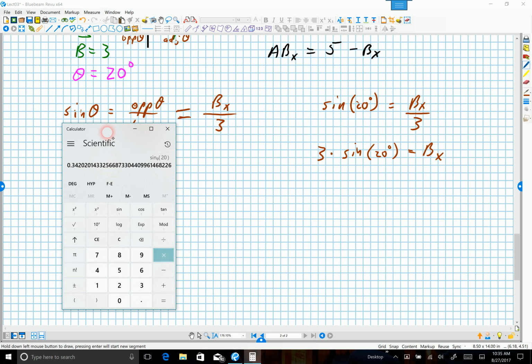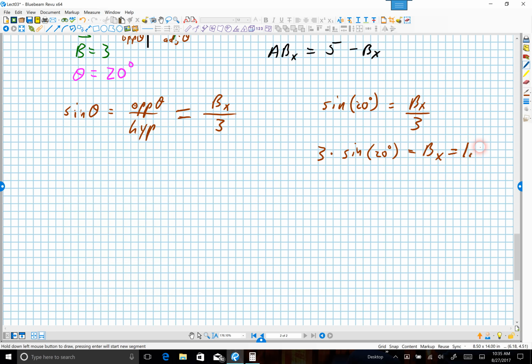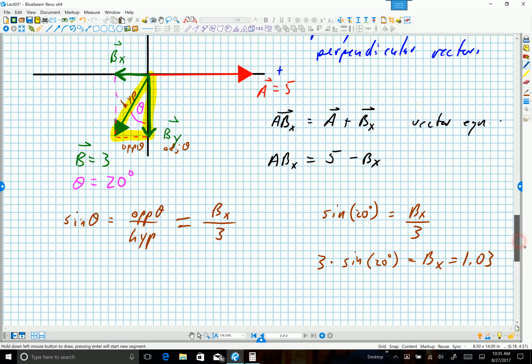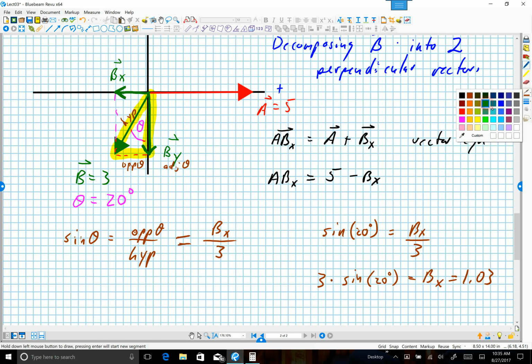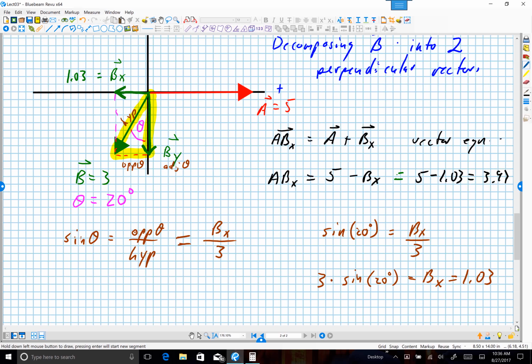Sine of 20 is that, times 3 equals 1.03. We're going to round it to 1.03. So bx is 1.03 long. So I'm going to go up and put that up here. So I keep this information, 1.03. I can put it in here and I can say equals 5 minus 1.03 equals 3.97.